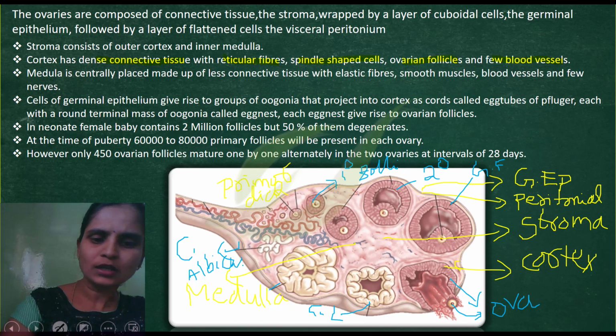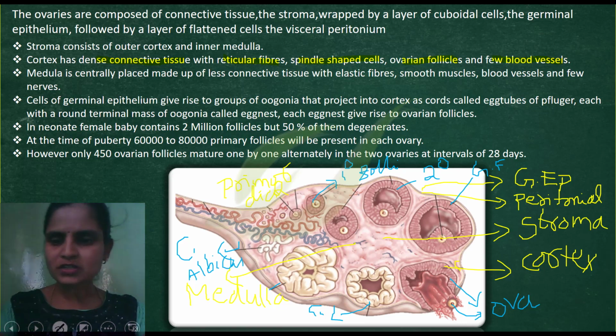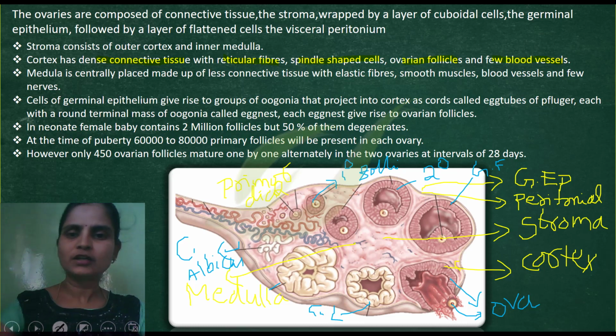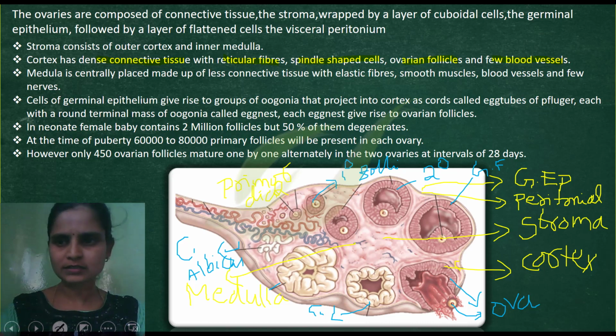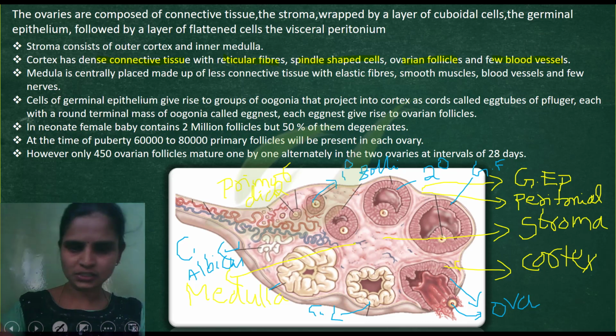We are going to study all these stages later. At present you have understood that the cortex region consists of different follicle stages, blood vessels, and spindle cells. Now coming to the medulla region.